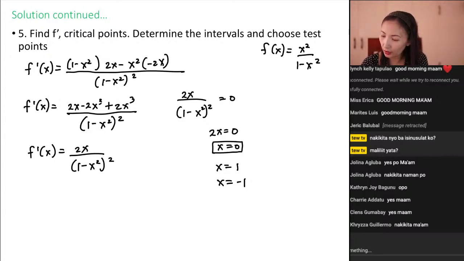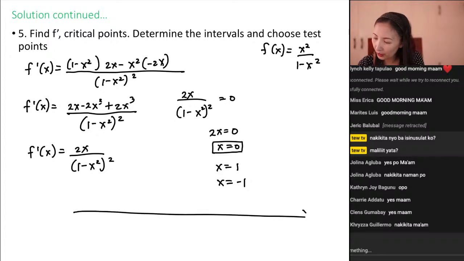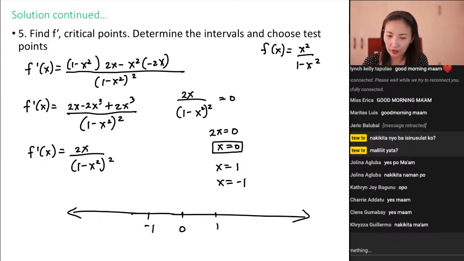So we have 3 values. If we try to locate these points along the x-axis, we have x equal to -1, x equal to 0, and x equal to 1. So how many intervals can we set from here? One possible interval would be to the left of -1.